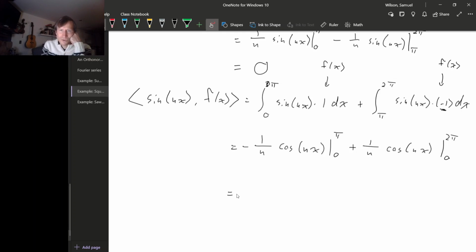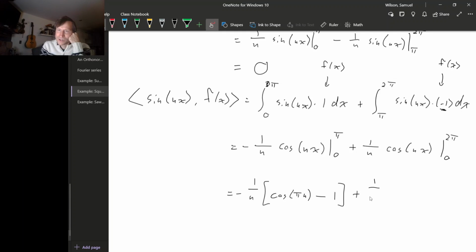Okay, so minus 1 over n. When we plug pi into nx, we get cosine pi n. We'll have to think about what that is. And then when we plug 0 into cosine, we get cosine of 0, so that's 1.